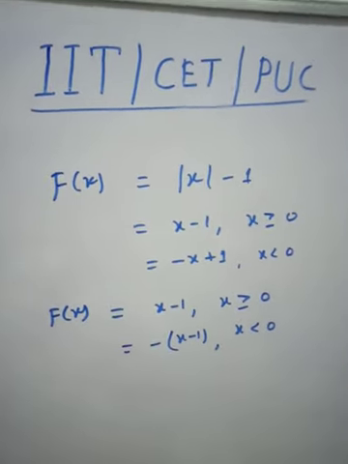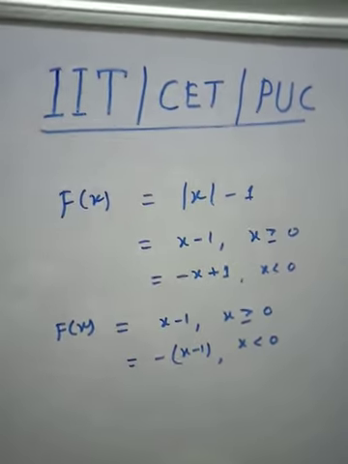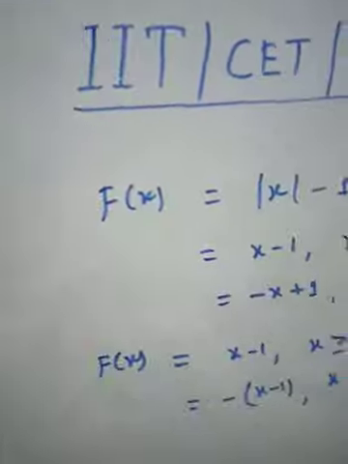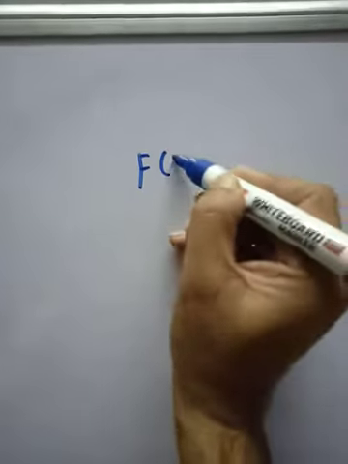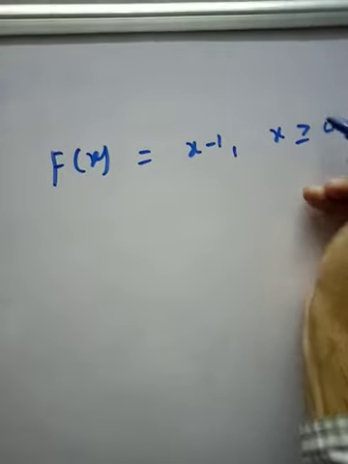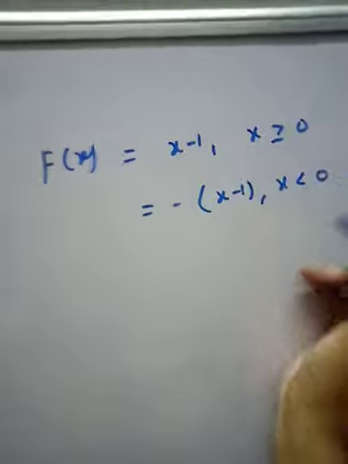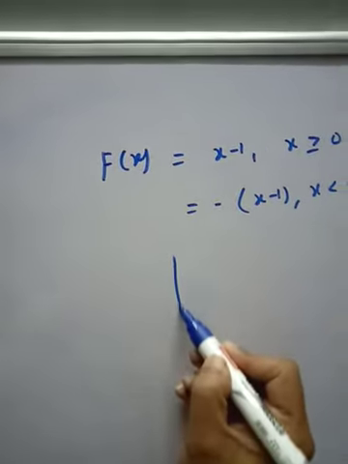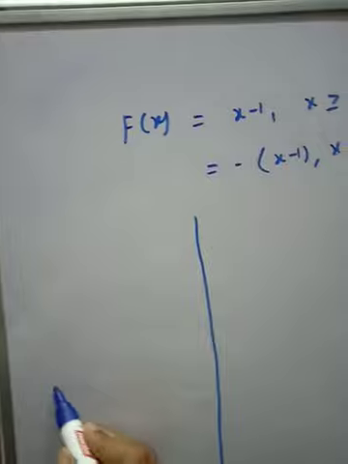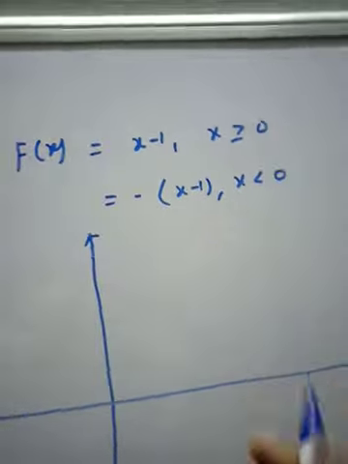Now I'll draw the graph of this function. Here we have f(x) equal to x minus 1 when x is greater than or equal to 0, and minus (x minus 1) when x is less than 0. What will be the x minus 1 graph?